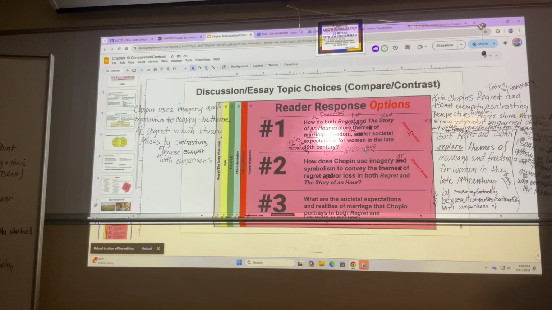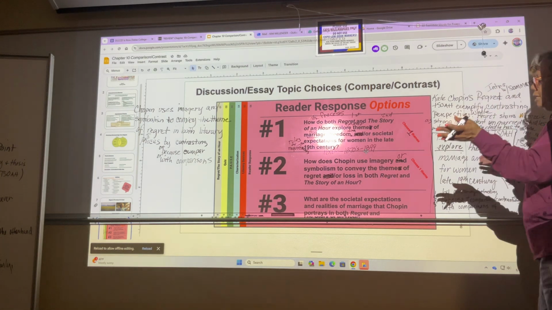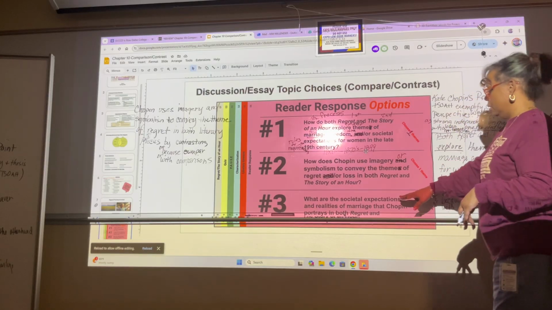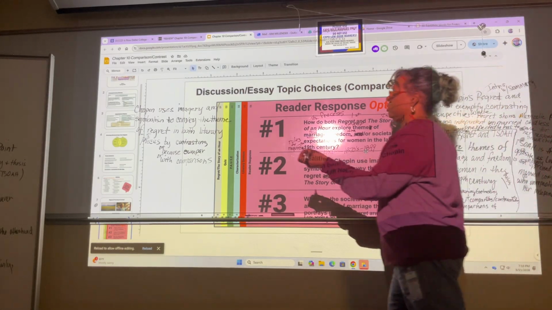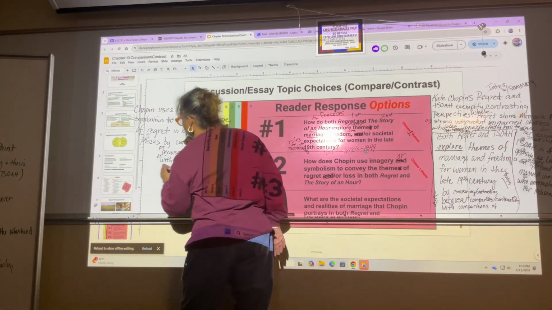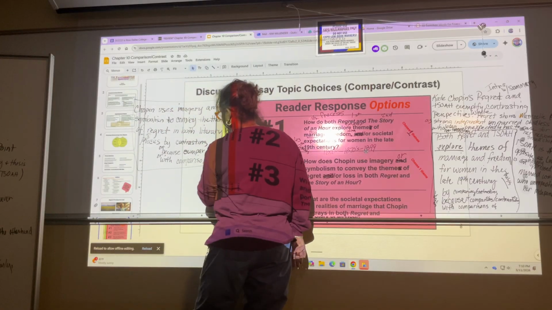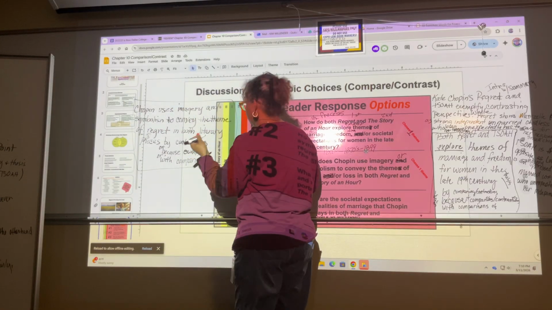So, what are the societal expectations and realities of marriage that Chopin portrays in both Regret and The Story of an Hour? All right, so for that one, it is the same thing, okay? The societal expectations. So this one is one, right? And then here's this one.